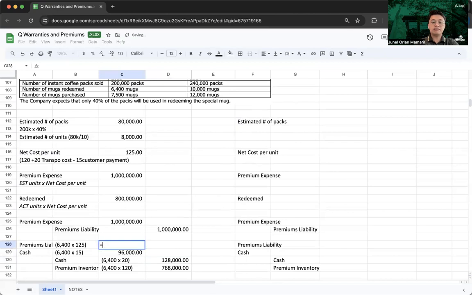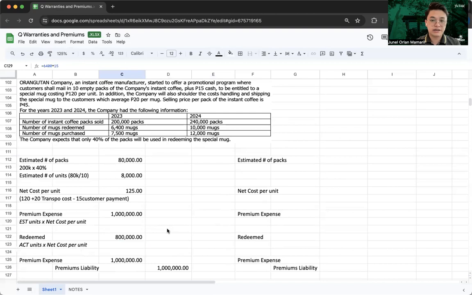And 64 times 125. Pwede rin na squeeze. Diba? Boom. Parehas lang yan. So that would be your journal entry for this problem. For 2023, the first. Okay. For next year.